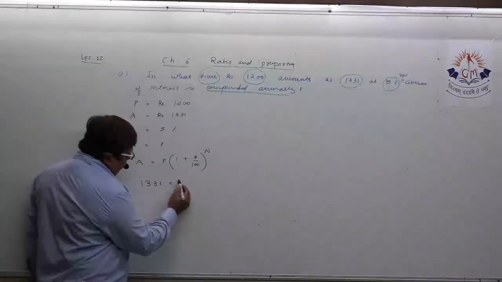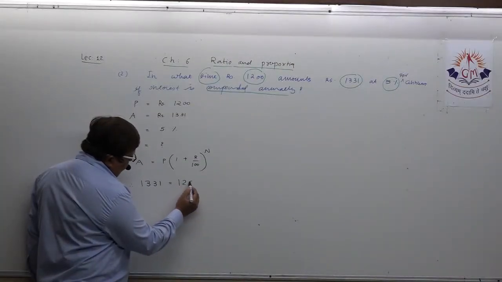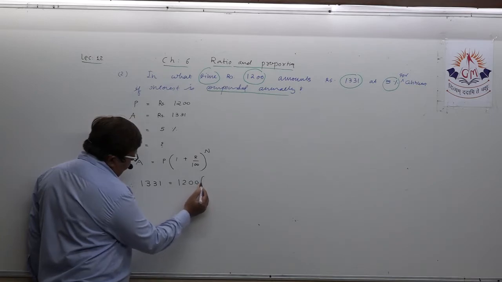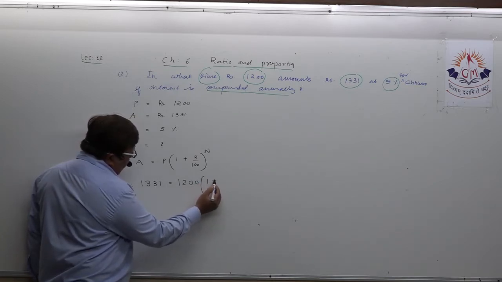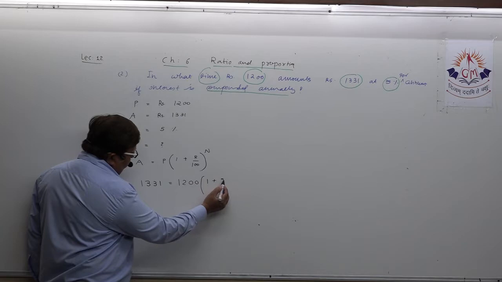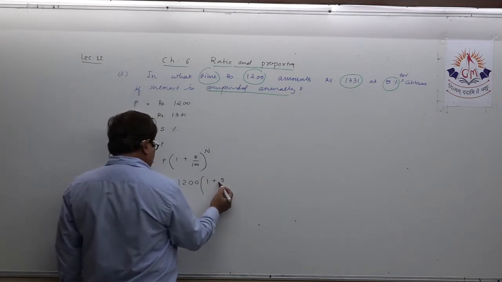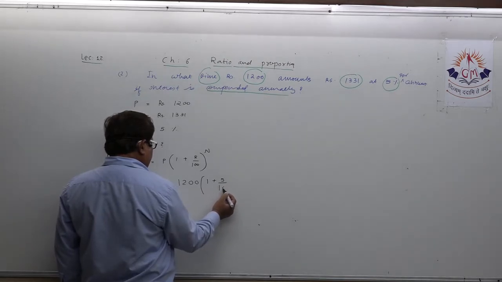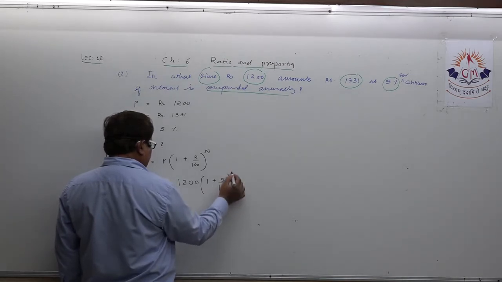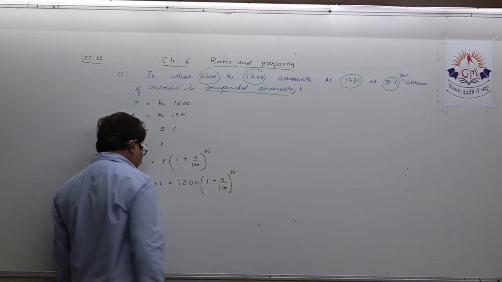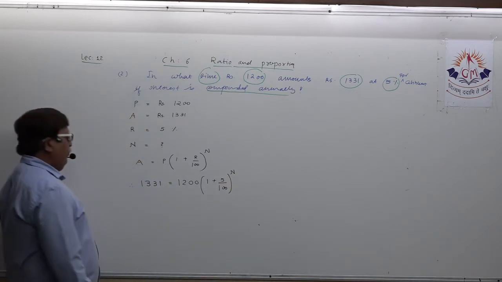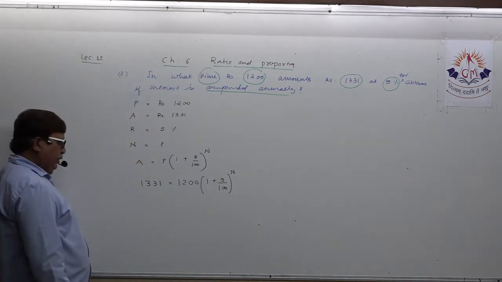Principal has been mentioned 1200. 1 plus rate of interest is 5. Understand? Upon 100 raised to n.